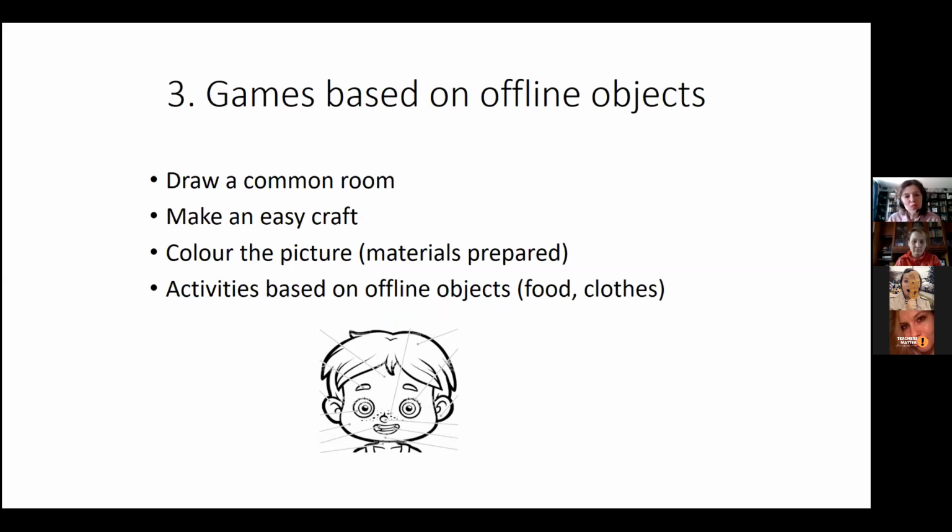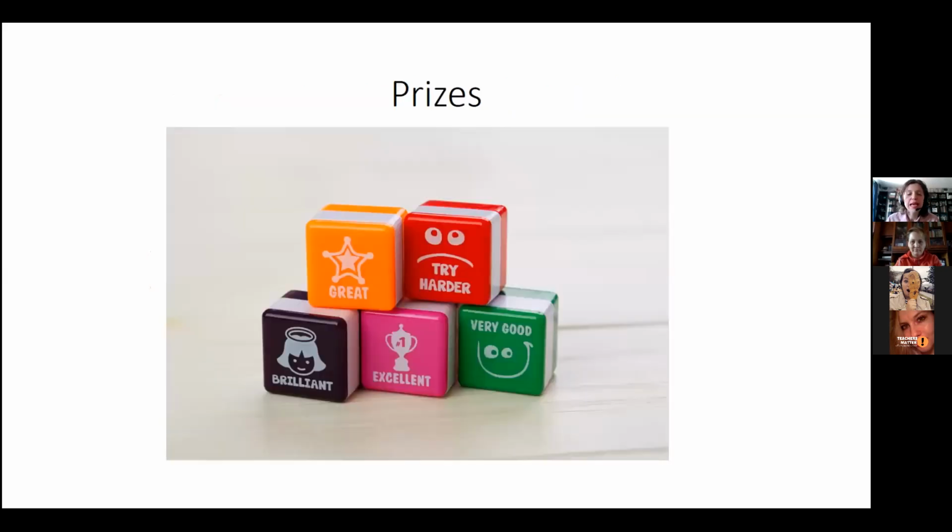You can also make an easy craft or color the picture or do some activities based on offline objects. For example, I usually do it in my offline classroom when we discuss clothes and items of clothes, and people put on clothes. It's very, very helpful. And the next thing is prizes, which I'm going to show you now.